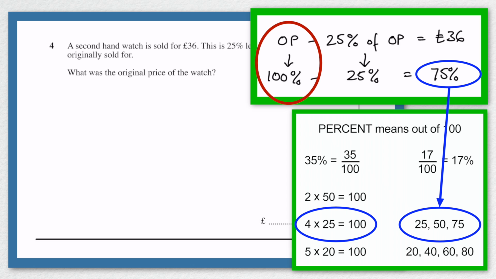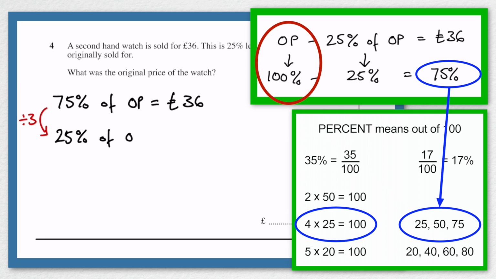Well, let's use this information. If 75% of the original price is £36, and I want to find 25%, then I need to divide the 75 by 3. This means that 25% of the original price will be £36 divided by 3, which is equal to £12. 100% of the original price is the original price.